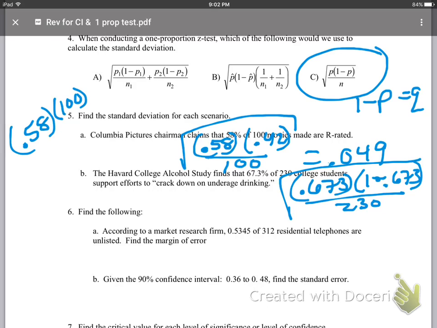And you take the square root of the number, and I get 0.033.